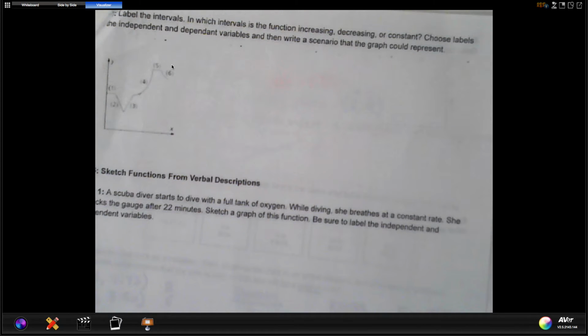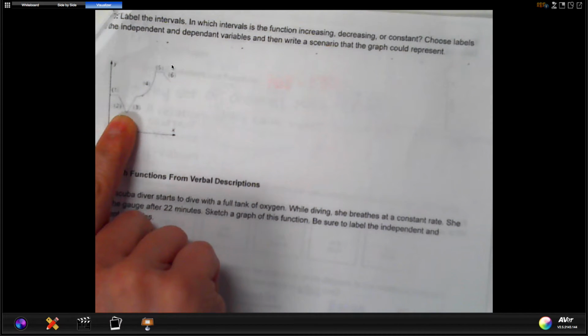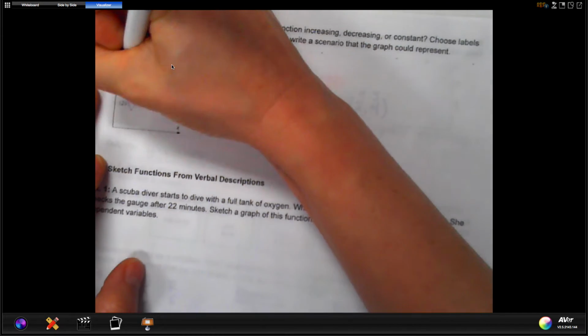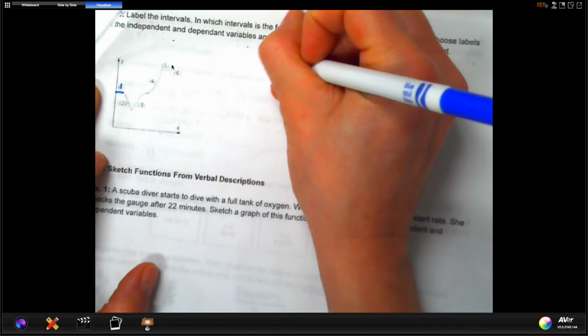Okay, so let's take a look at what we've got here. The intervals are already labeled on here, so let's talk about that first. This is interval 1. What is it doing?